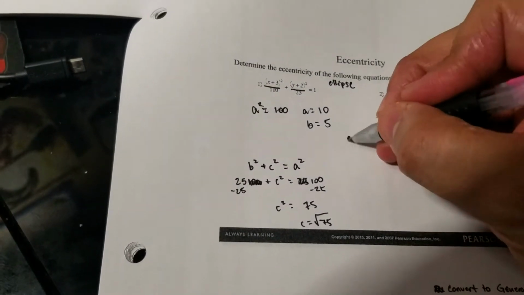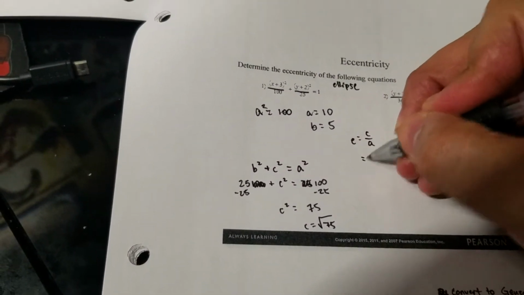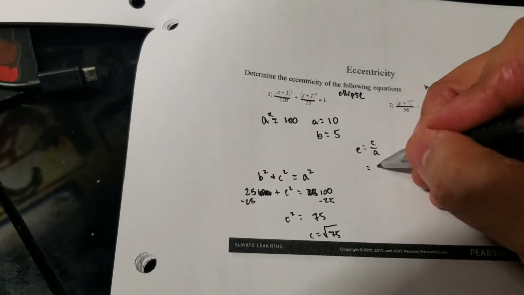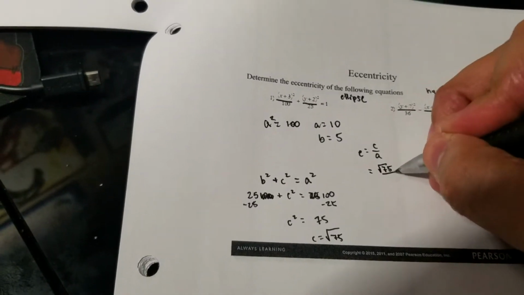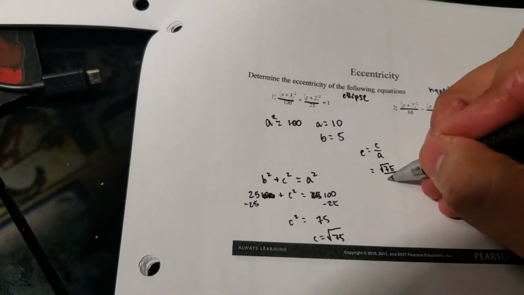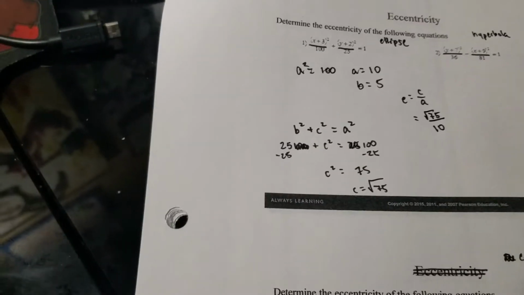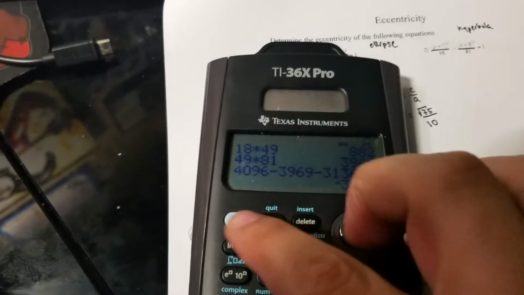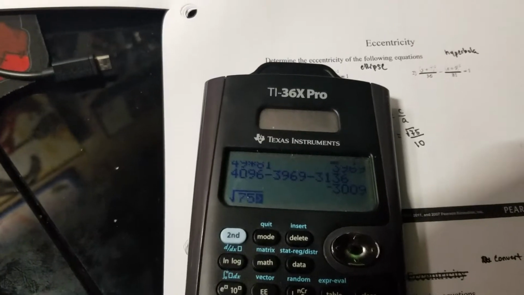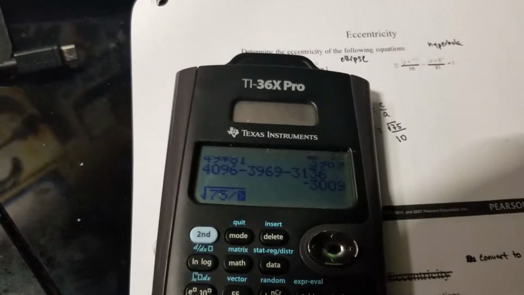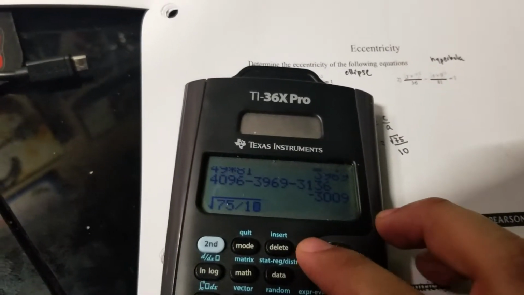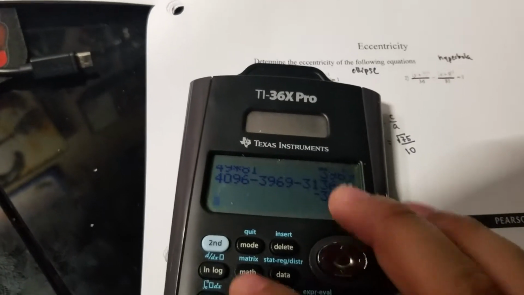So to find my eccentricity, guys, it's just C divided by A. So this is the square root of 75 divided by A, which is 10. Okay, and so you would see if I actually divided that, the square root of 75 divided by 10, oops, let me do that again.